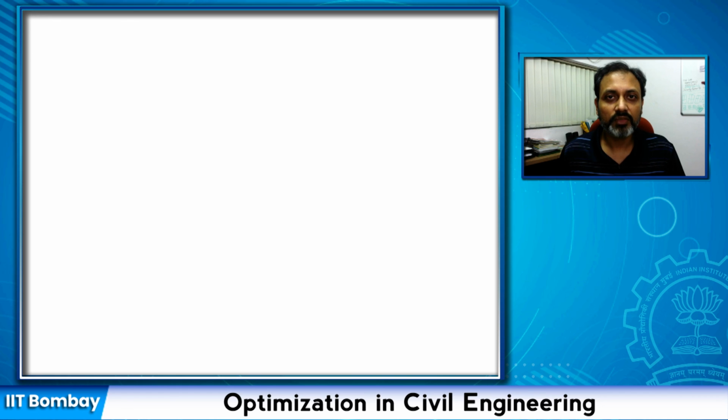So in today's lecture, we saw how we can effectively use the Lagrange multiplier to convert a multivariable constrained problem into an unconstrained multivariable optimization problem, particularly when the constraints are of equality nature.